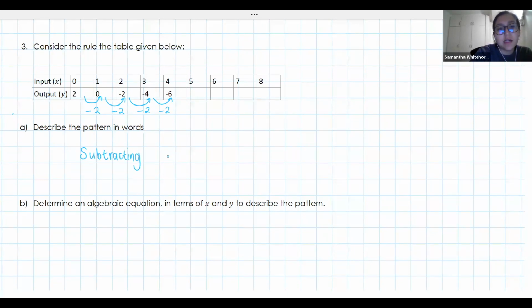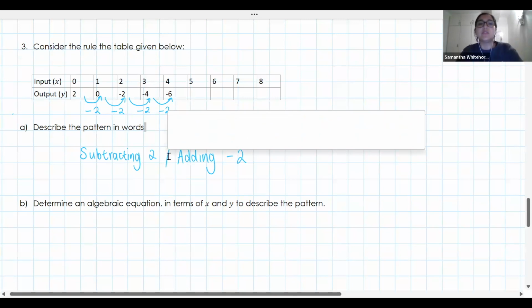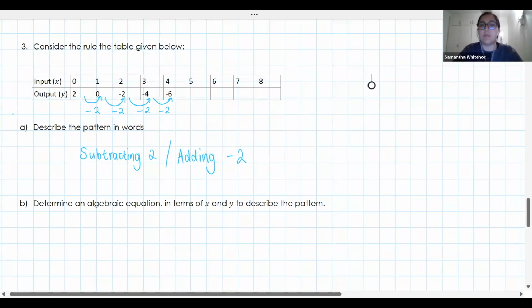Now, some of you do like to write it slightly differently. If you like to say adding -2, that is absolutely fine. Remember, if you add a -2, the positive and the negative become negative. So you're subtracting 2, and it's absolutely fine to say adding -2. You will get that correct, no problem.